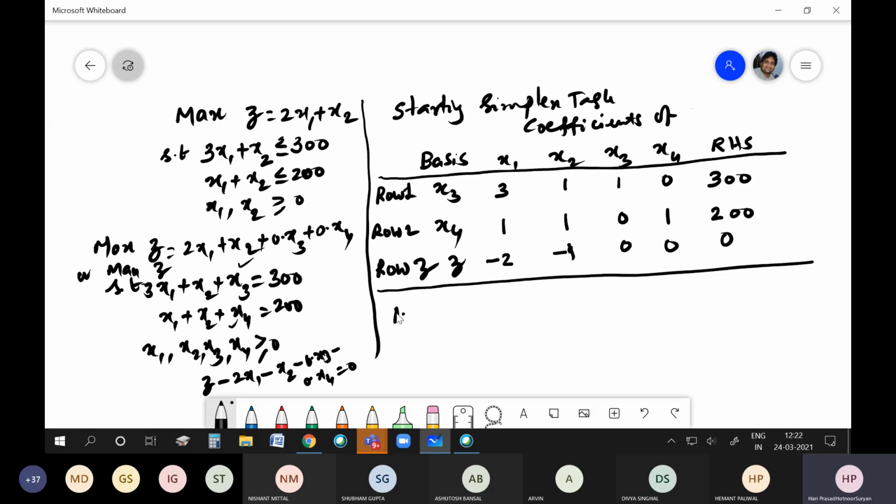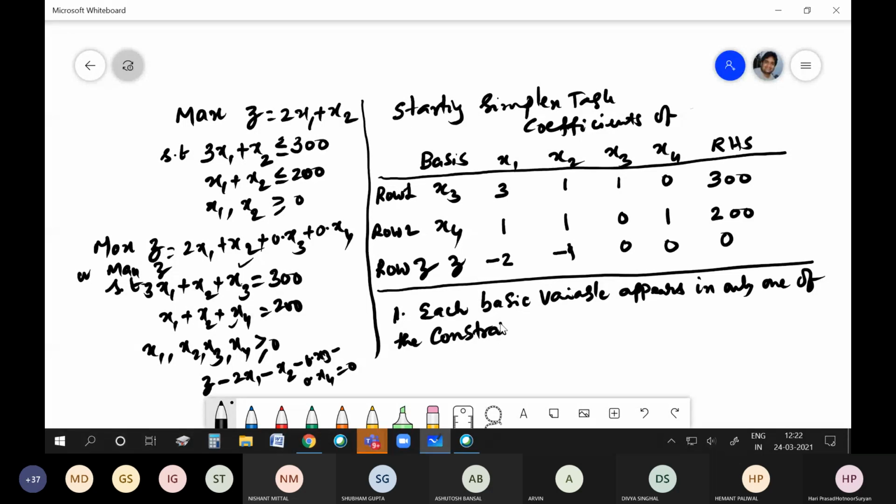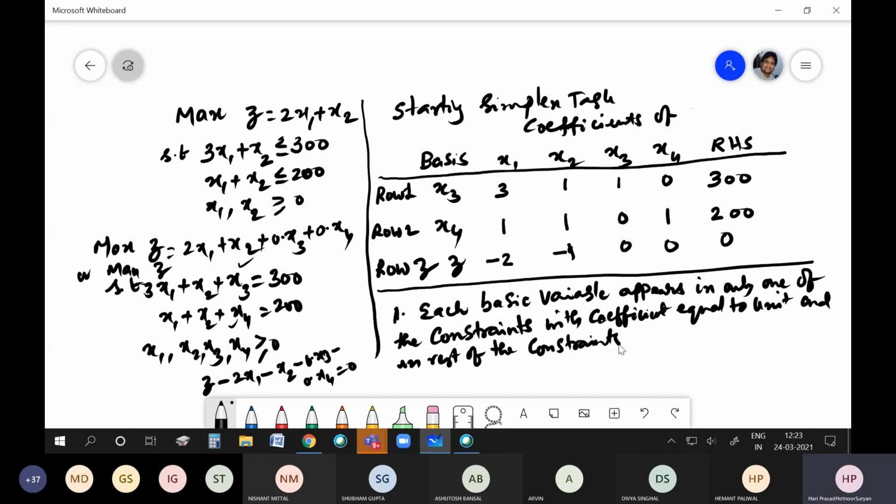So the first property of this table is that each basic variable appears in only one of the constraints with coefficient equal to unity, and in the rest of the constraints with coefficient 0.